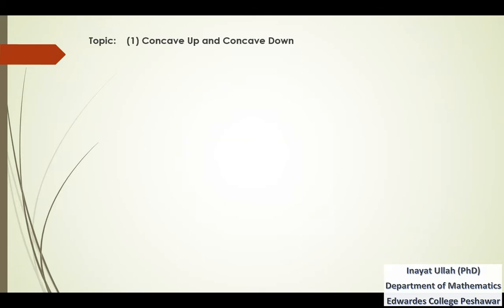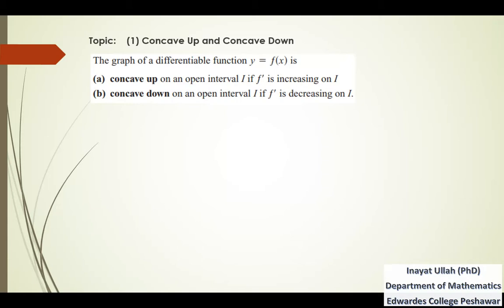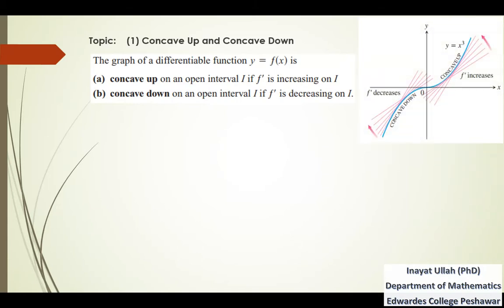we will study how we could know whether the graph of a function is concave up or down. Just look at this figure. In this figure we observe that this is the whole graph of the function, and this portion opens downward and this portion of the graph opens upward.